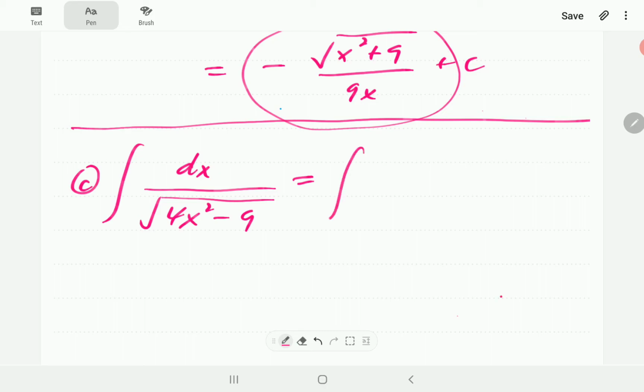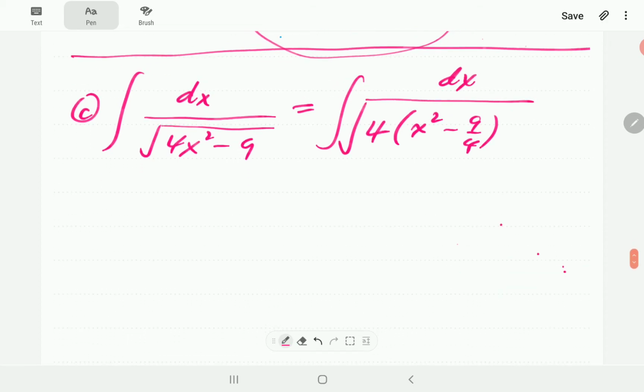So we're going to do that by factorizing the 4. If we factor out 4, then this is x squared, but this is now going to be 9 over 4. And then if we do the square root of 4, this is going to be the integral of dx.